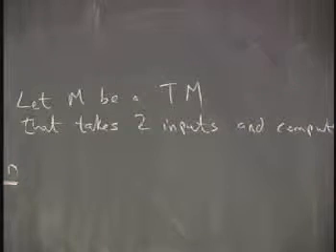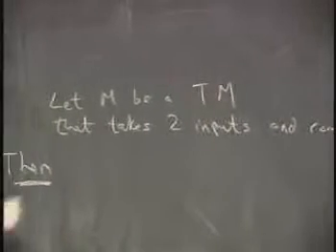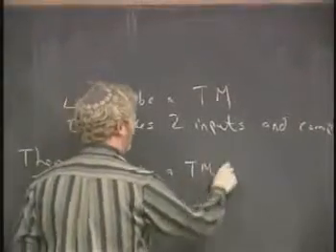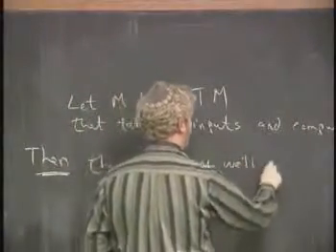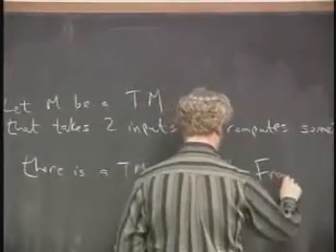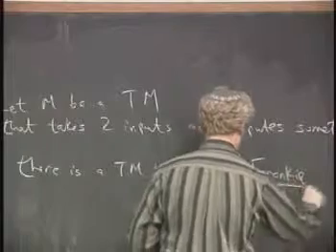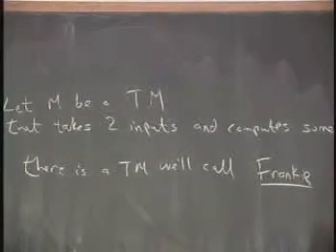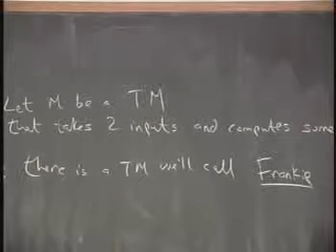Let's see if I can say it right. Then there is a Turing machine we'll call, what do you want to call it? Call it Frankie. I don't know why. I thought I heard Frankie. A Turing machine called Frankie that takes one input.